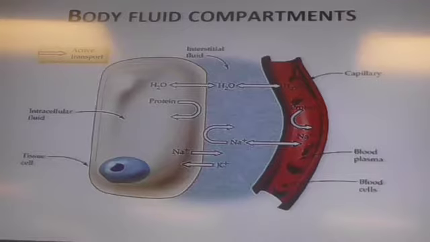We talked about this. The important part of this slide is, look at the cell. The cell protects itself. As long as you have energy, as long as you're not in lactic acidosis, as long as you're not hypoglycemic, your cells are always going to protect themselves from fluid shift by using the sodium-potassium pump. This is an energy-dependent pump that pumps sodium out constantly against a gradient, right? Because there's more sodium in the interstitium.